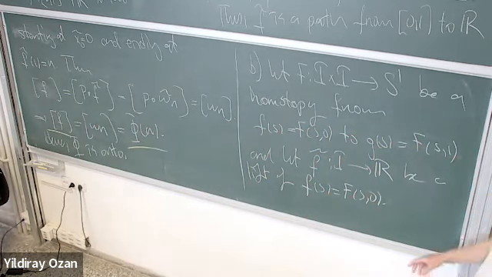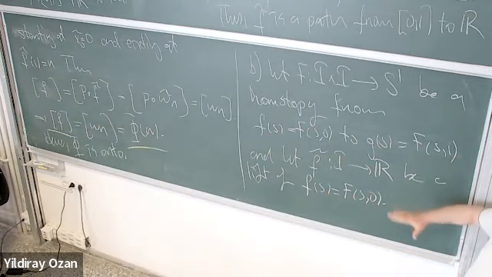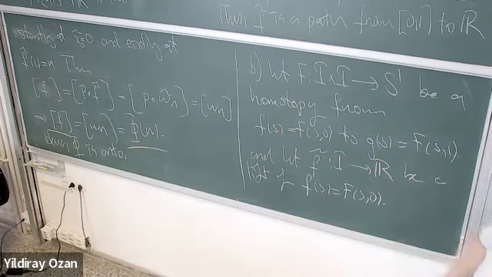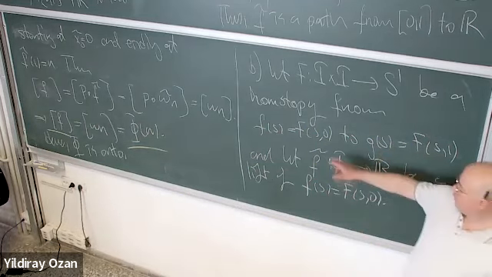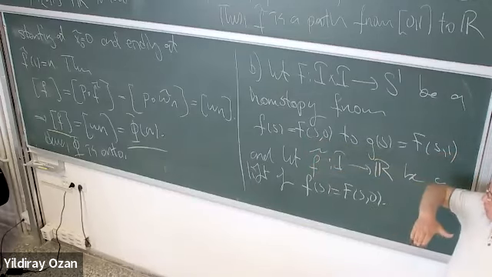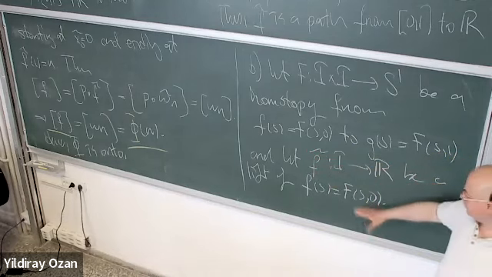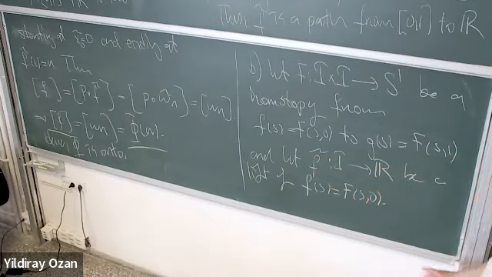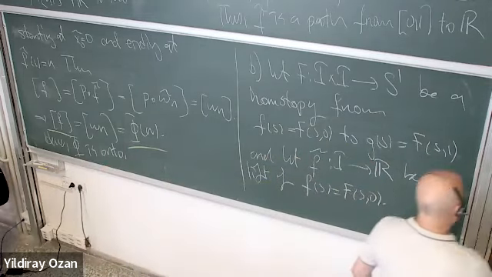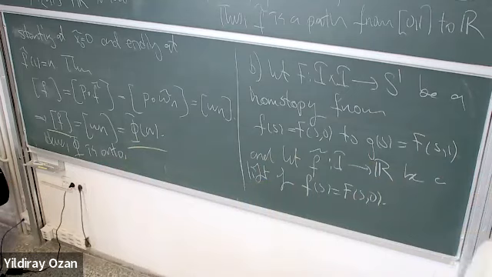So I have a homotopy from a function to another function, and one of the functions, the one which corresponds to t equals 0, that function has a lift. So that's our assumption. Then the conclusion is the following. Then you can just lift the whole homotopy.